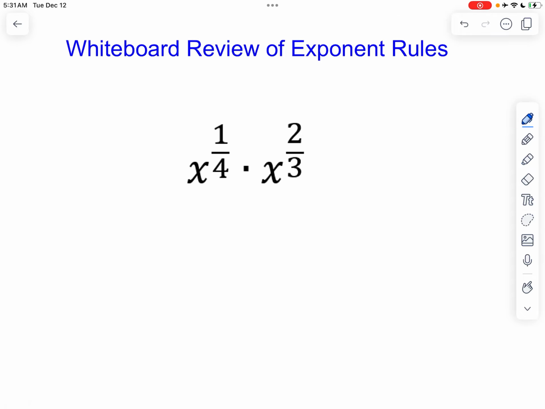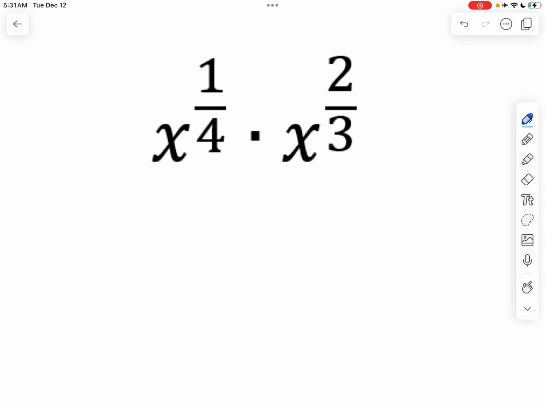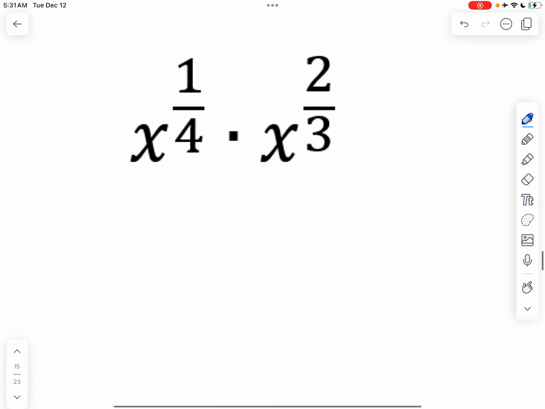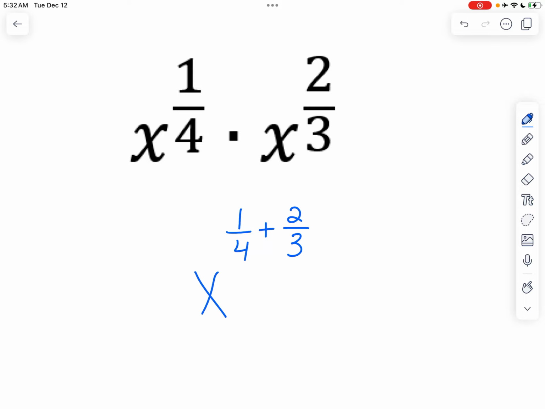Now, I promise we're almost done. I just wanted to do a couple more combining rules. So the rule of multiplying like bases, you should be adding their exponents. So yes, these are not maybe the nicest numbers to add because they're fractions, they don't have common denominators. So you could add 1/4 and 2/3 by coming up with a common denominator of 12, or you could use your calculator.